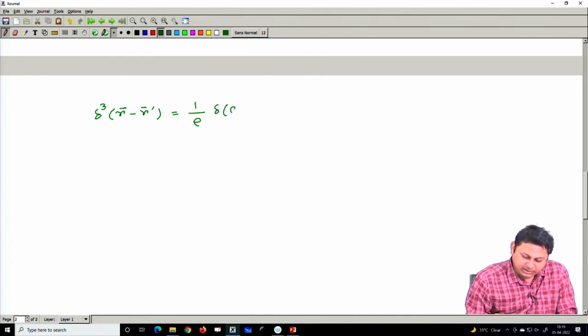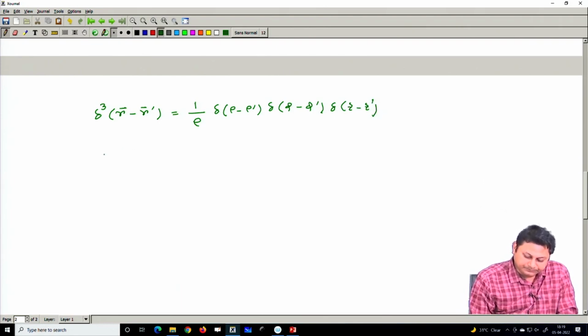So, it should be delta rho minus rho prime, delta phi minus phi prime, and delta z minus z prime.